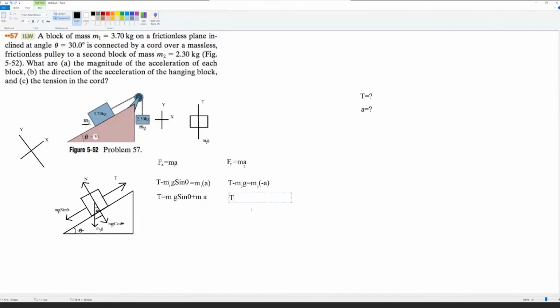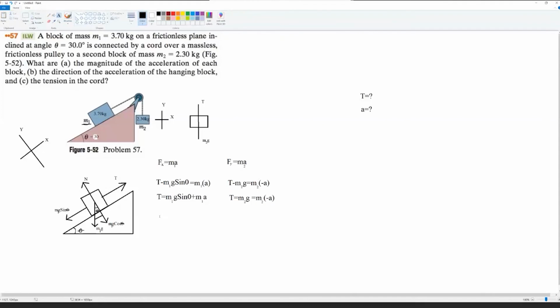For the second equation, you just have T equals m sub 2 g plus m sub 2 and negative a. Okay, so I filled in all the little subscripts, so hopefully that's easier to follow.